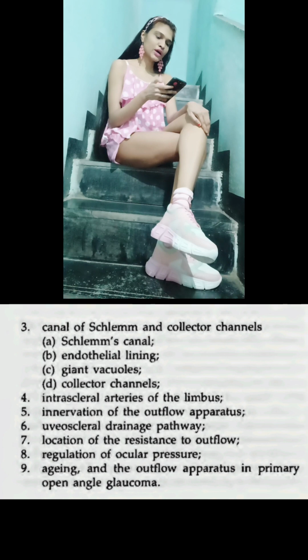Innervation of the outflow apparatus. 6. Uveoscleral drainage pathway. 7. Location of the resistance to outflow. 8. Regulation of ocular pressure. 9. Aging and the outflow apparatus in primary open-angle glaucoma.